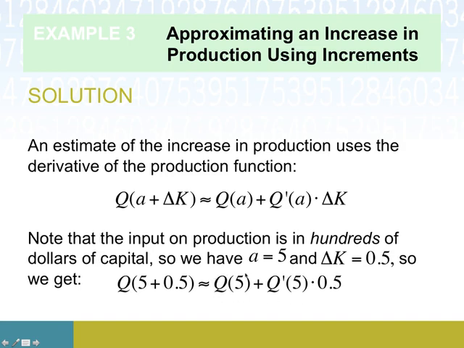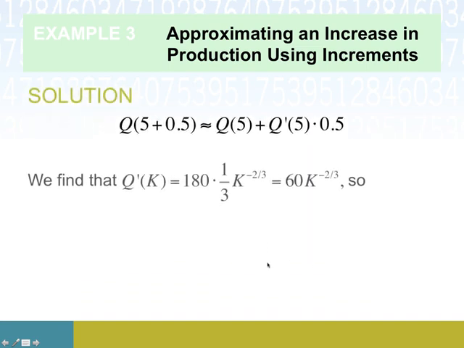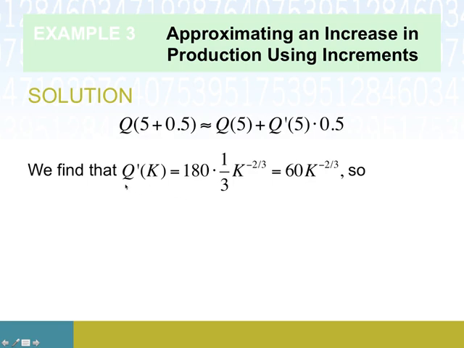So the right side is what we're working with here. We'd like to figure out the current production value at a level of capital 5, how that production is changing at that level of capital, and then multiply by half a unit because we're not going a full unit up. All right, so just grabbing our derivative function.